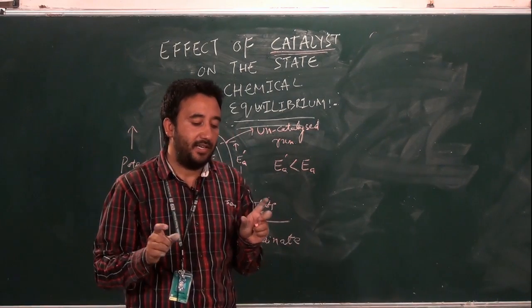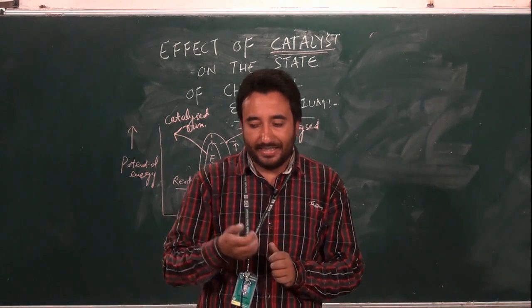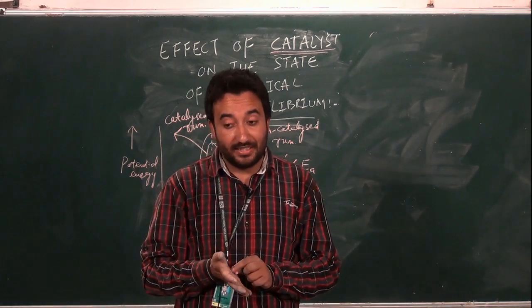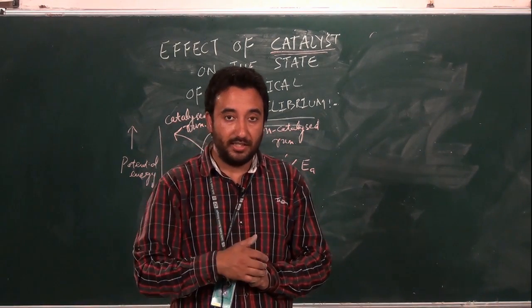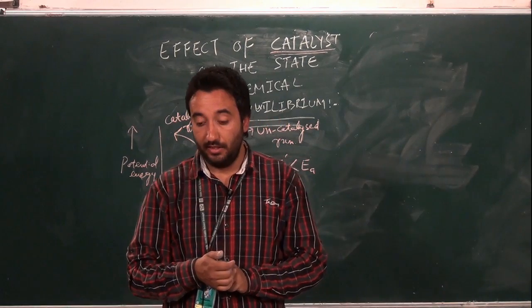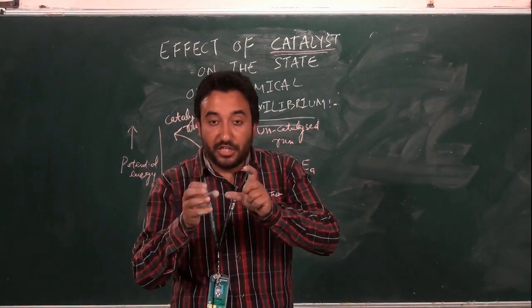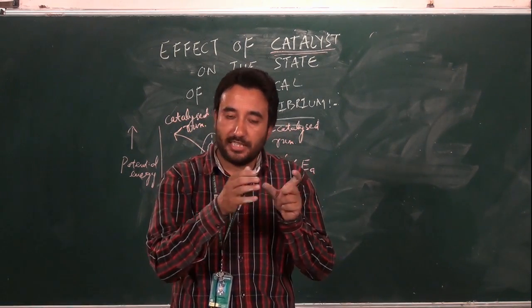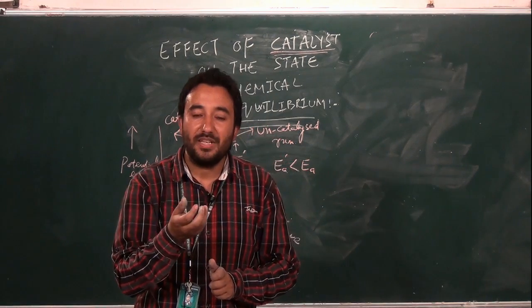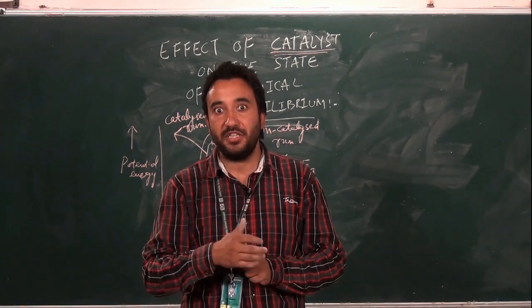That theory says that a reaction without catalyst takes place at a slower rate, but when we add catalyst, the rate of reaction increases. How? The catalyst interacts with the reactant molecules, and they form some intermediates which are called reaction intermediates.